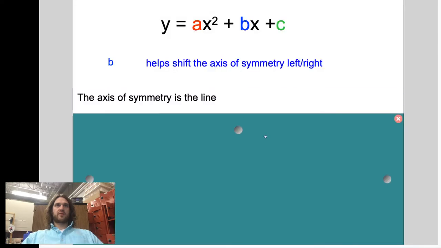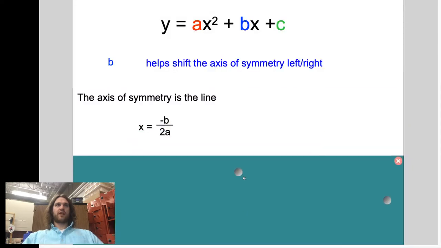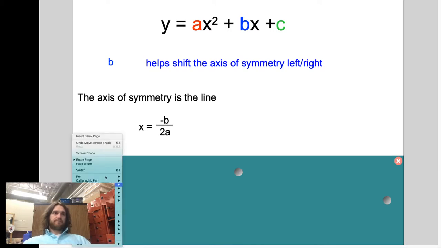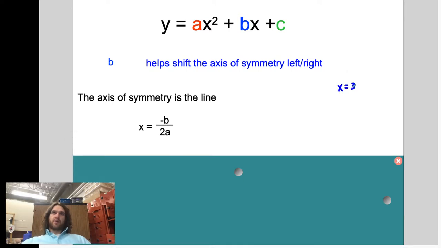Shifts our axis of symmetry left and right. So here, if you're given an equation with any a or any b, this is the formula that we use to find the equation for the axis of symmetry. Now here's a quick reminder: if you have, for example, the line x equals 3, a line that says x equals is always a vertical line in the standard coordinate plane.